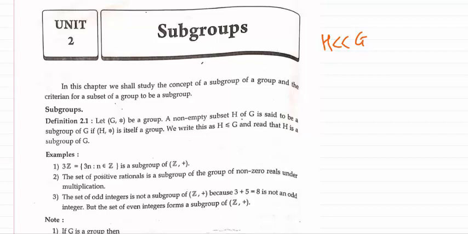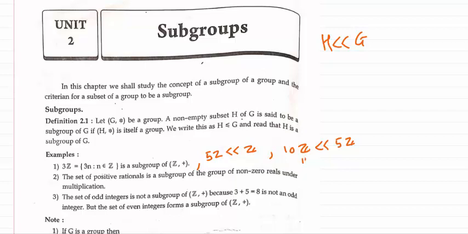3Z is a subgroup of Z. In general, 5Z is also a subgroup of Z. 10Z is also a subgroup of 5Z. 5Z means all integer multiples of 5: 0, 5, 10, like this, and minus 5, minus 10, like that.